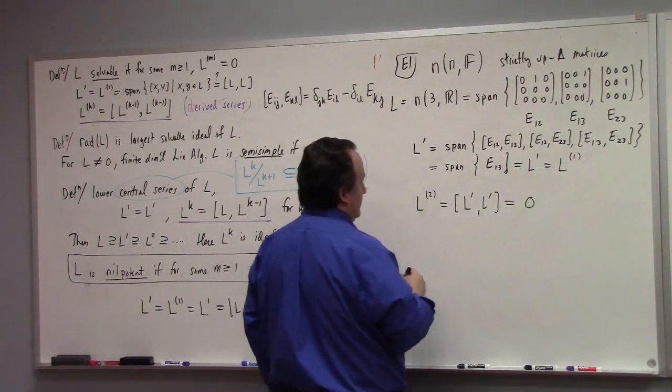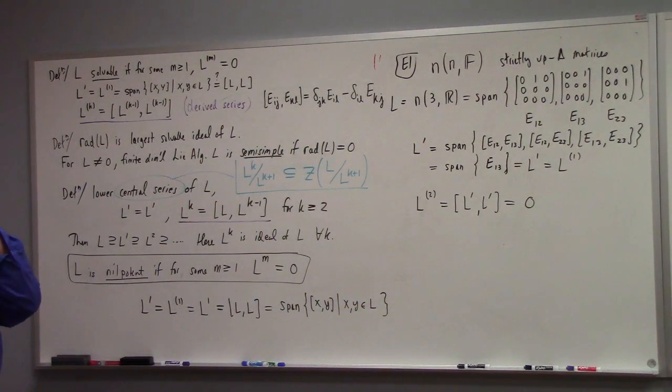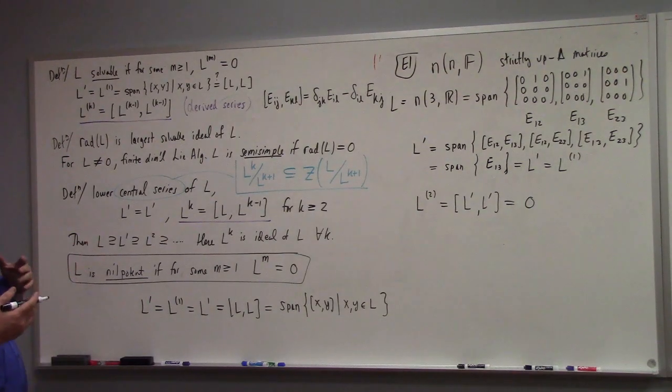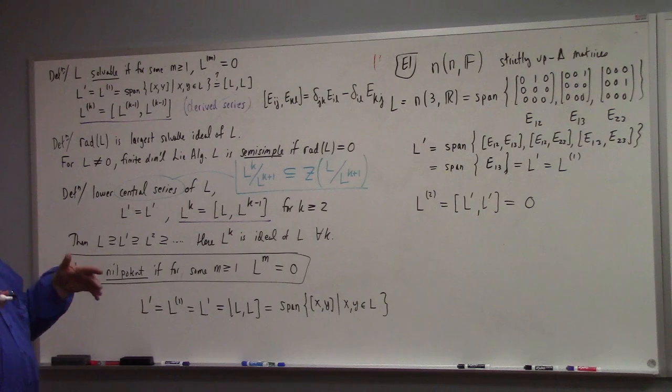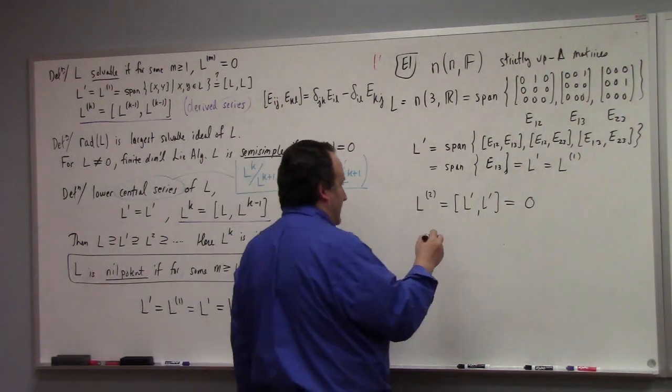That would be 0. So it's solvable. I can see that it's 0 because you're taking the commutator of a one-dimensional thing. The bracket of E13 with E13 is necessarily 0. What's L2 here, though?